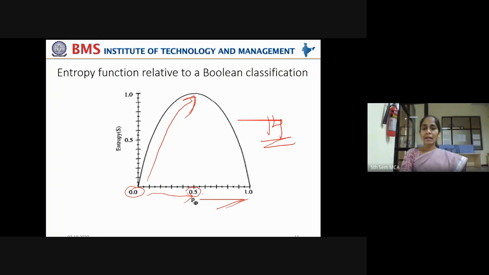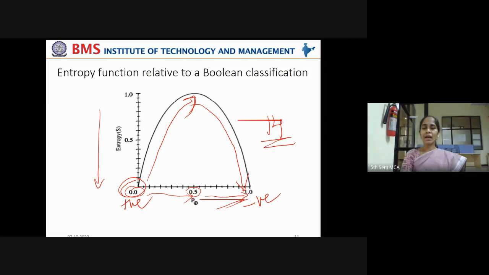Now, as it goes on, where more training examples belong to the negative class and fewer to the positive class, the entropy will start coming down. If all the examples belong to a positive class or all belong to a negative class, the entropy is 0. Did you see this y-axis? The entropy is 0.